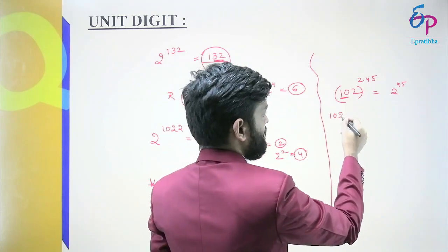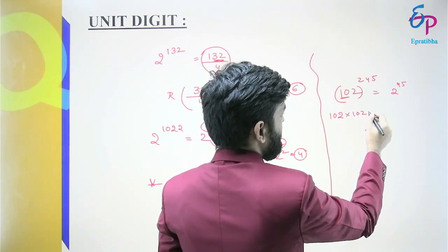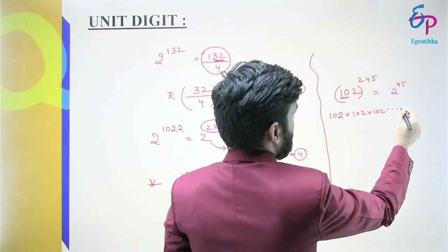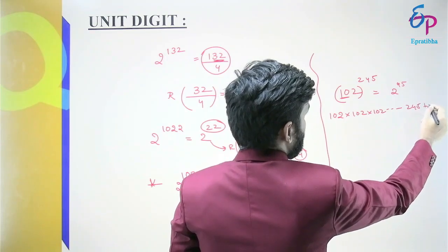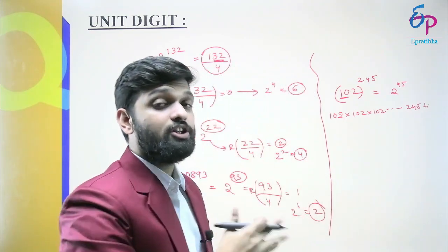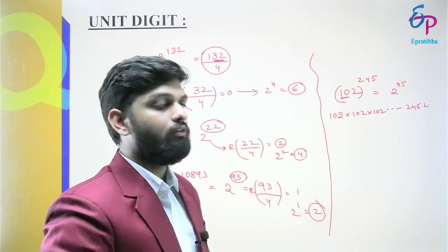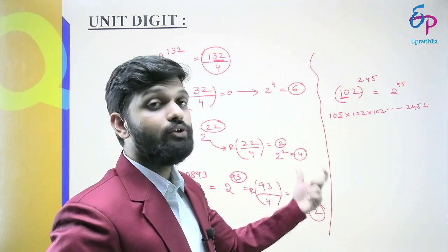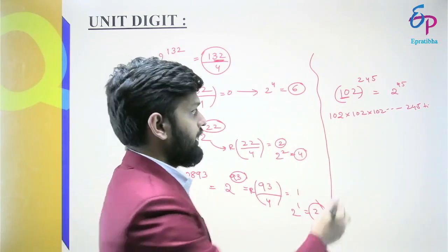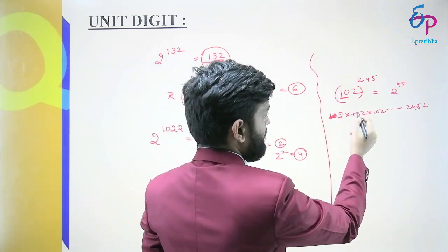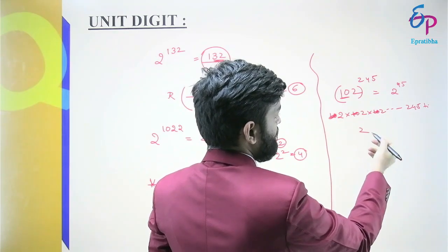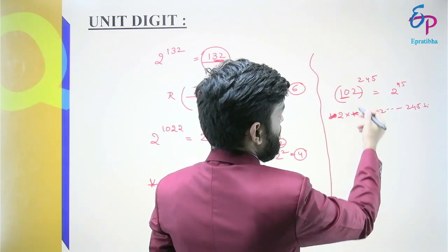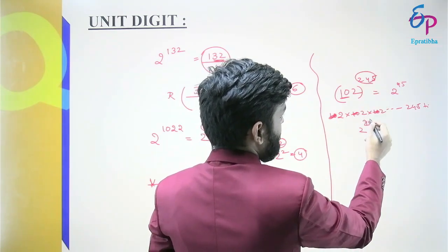It means 102 is multiplied 245 times. I told you the unit digit of a product depends only on the unit digits of the individual numbers. That means I don't require this 10 here, I don't require all these numbers. I just want to take it as 2 power whatever the power is, 245.